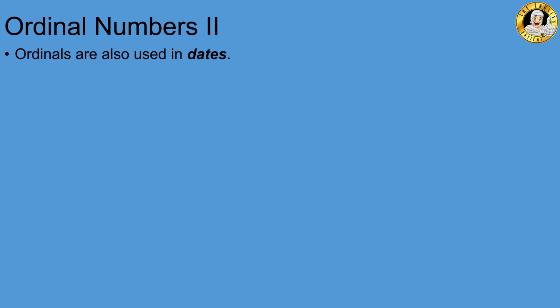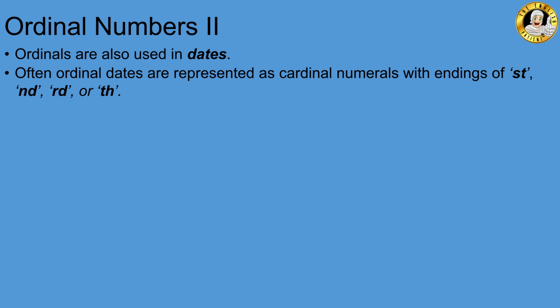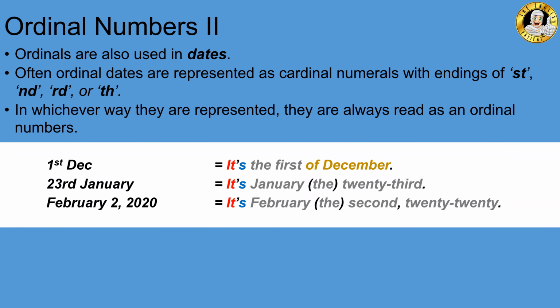Now, ordinals are also used in dates. Often ordinal dates are represented as cardinal numbers with endings of ST, ND, RD, or TH. Now, in whichever way they are represented, they are always, and I mean always, read as an ordinal number.